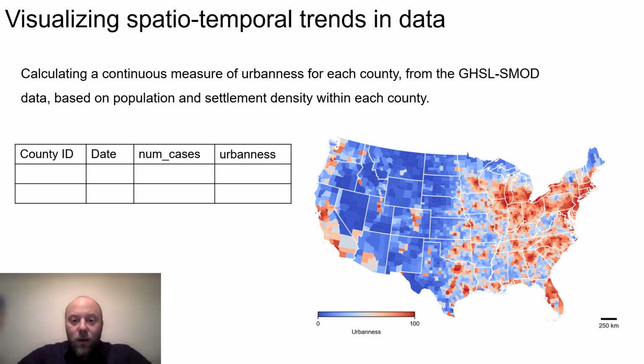And what we did, we turned this into a continuous measure of urbanness for each county. And this is basically what we see in this choropleth map here. So yeah, blue would be most rural and red would be the most urban.